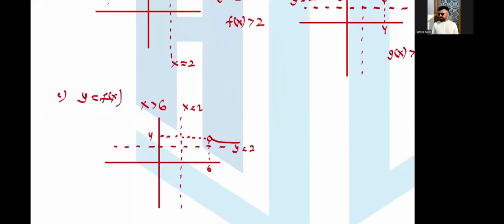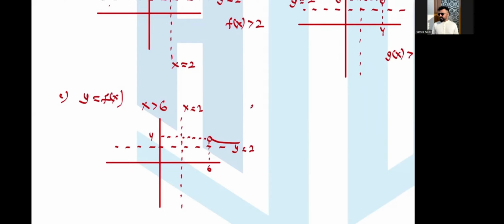According to this sketch of the graph, we can see that the range is above 2 but below 4. So the range of the outer function f is now f(x) greater than 2 but less than 4.